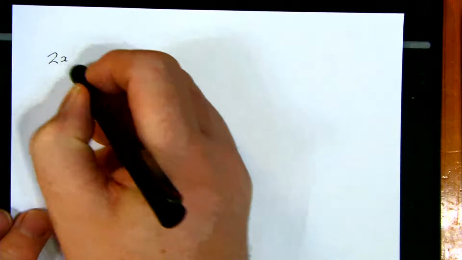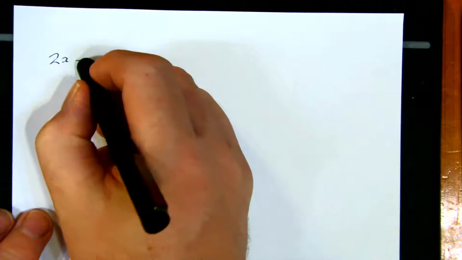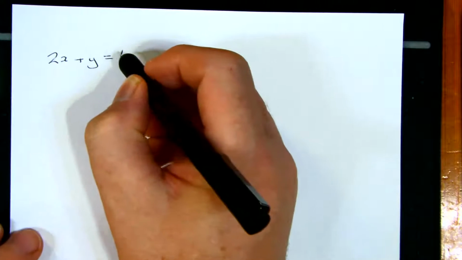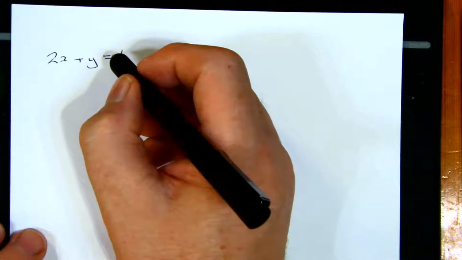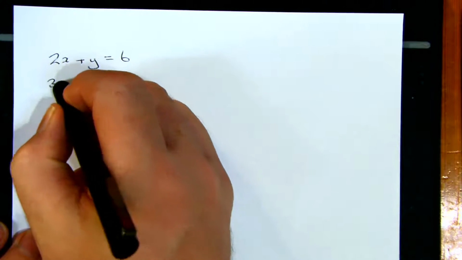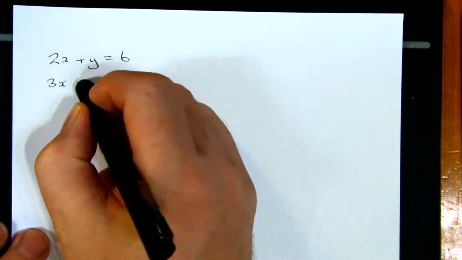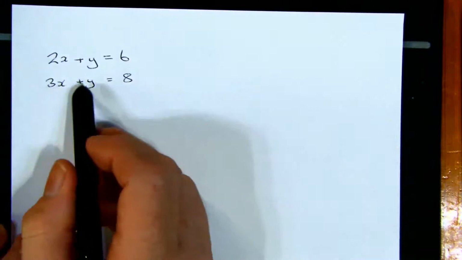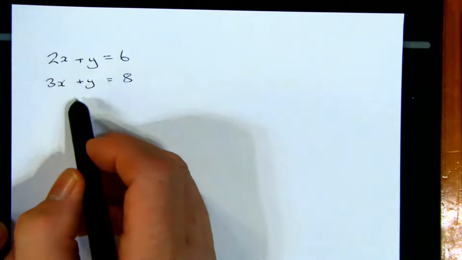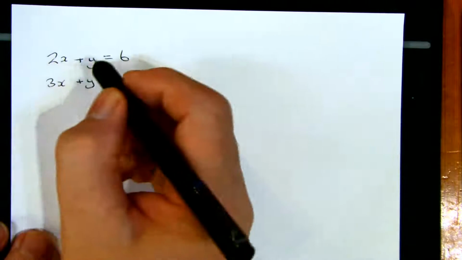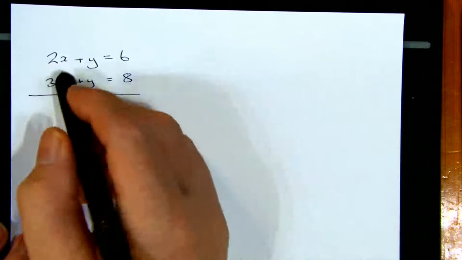If I take my equation, this is 2x plus y equals 6, and I take my 3x plus y equals 8, I can see that I can't add these two together. It's not going to eliminate them. What we're going to do is we're going to take them away.